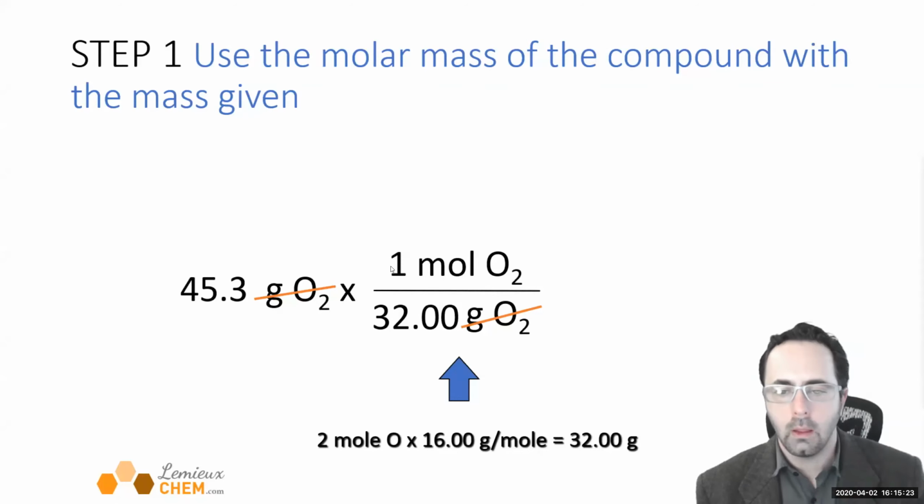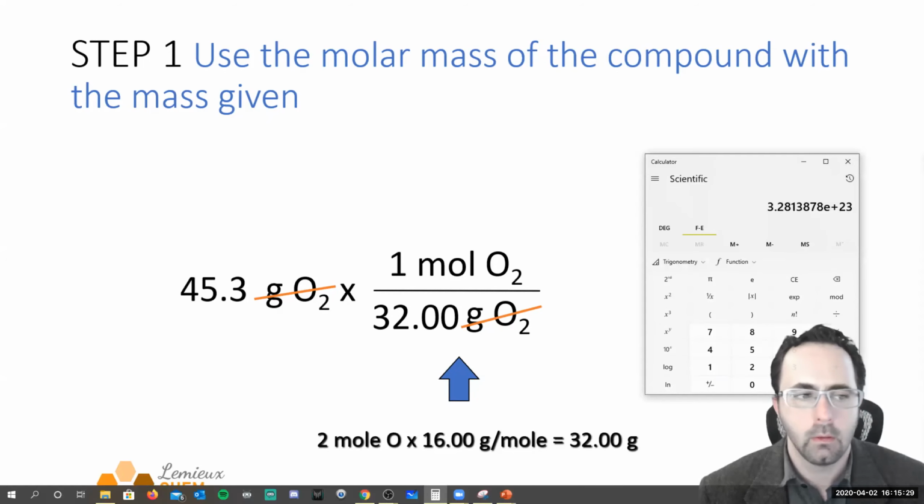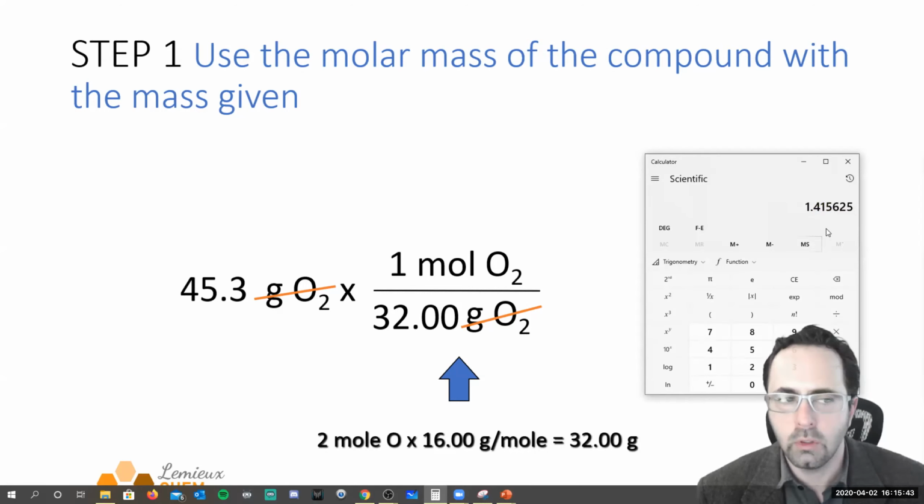Okay. So now we should whip out our calculator so we can do our division. So we're going to have 45.3 divided by 32. And we get 1.415, and it goes on and on. Are we going to write all of these numbers for our answer? No, we've got to consider sig figs. So since we're dividing, all we got to do is count the sig figs.